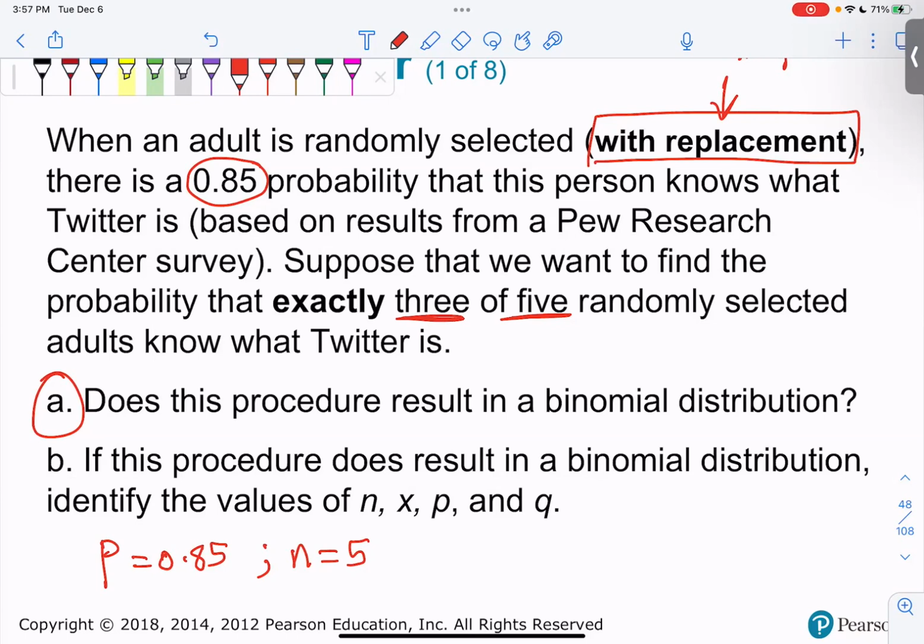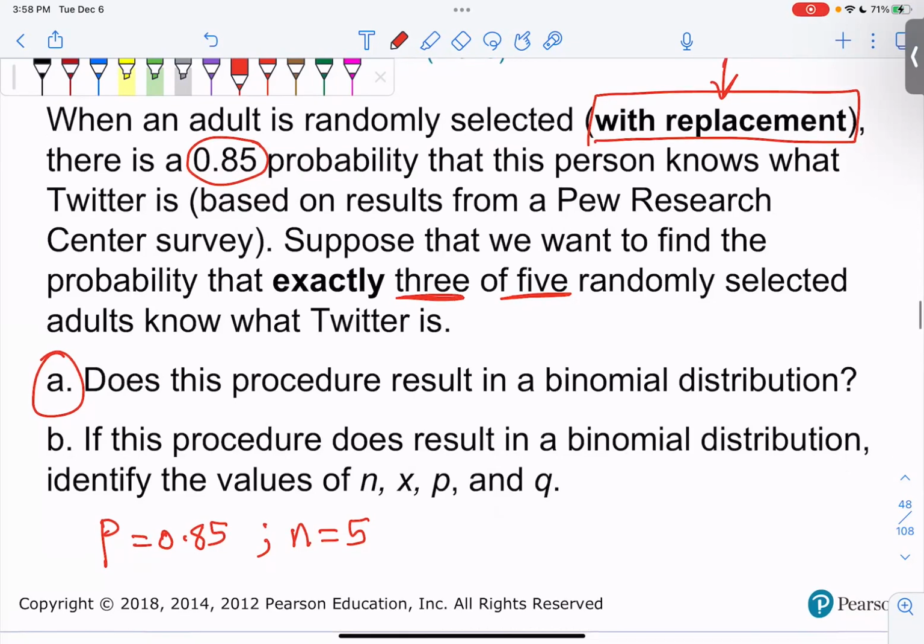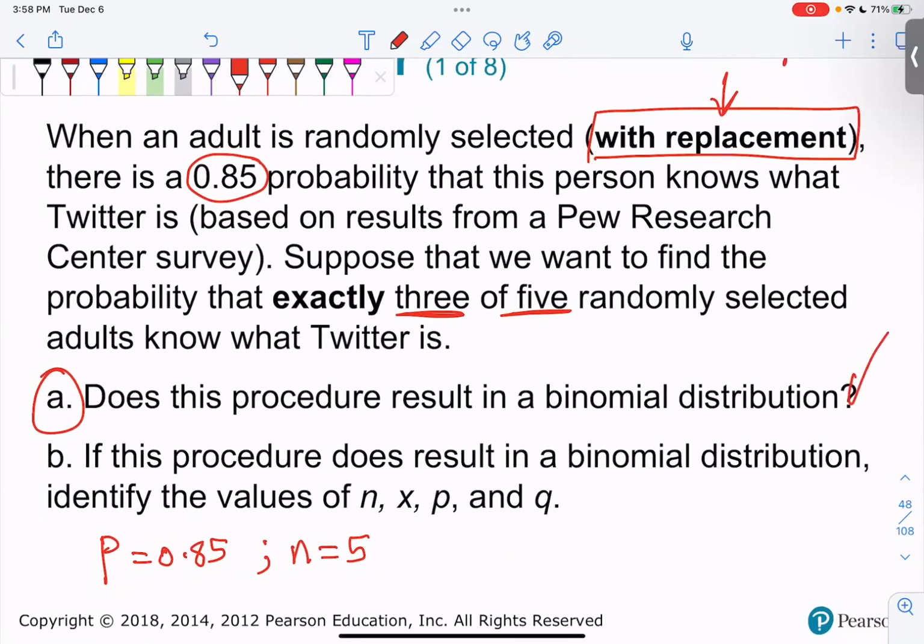And then the last one, we have the constant probability of success, which is yes. Each time we ask someone, there is probability 0.85 that he or she will say yes, we know Twitter. So yes, this probability distribution is binomial.